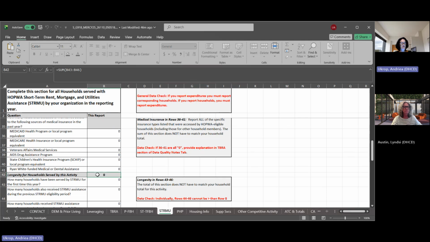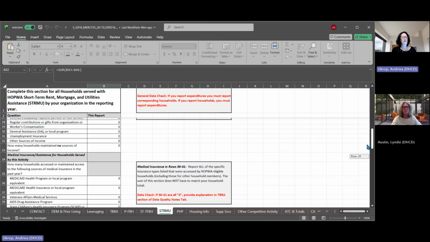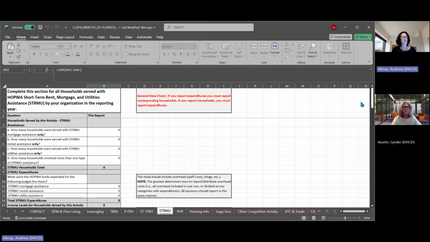So rows 42 through 46, the total in row 42 does not need to equal the total for those who receive this assistance. However, it cannot be greater than the total eligible households that were reported back up in row 8. So that's just a good data check.